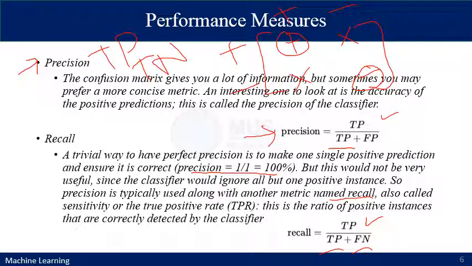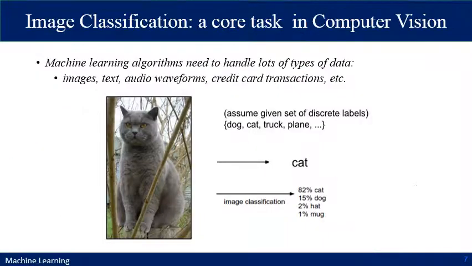These are the two important performance measures which are quite widely used in machine learning algorithm performance evaluation. I think this rudimentary information will be enough to capture the concepts of this lecture.